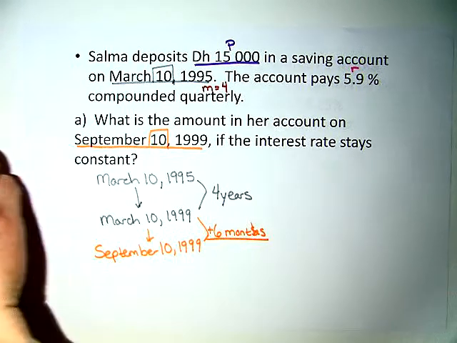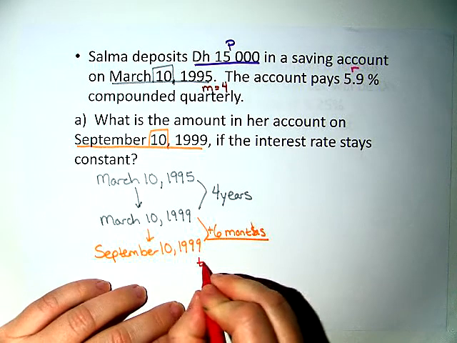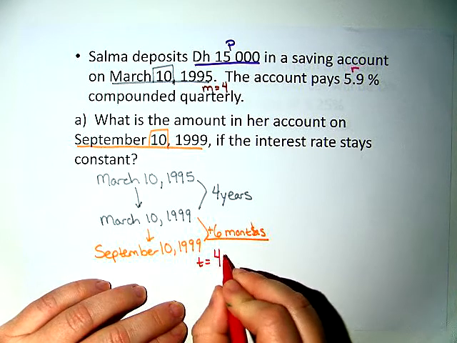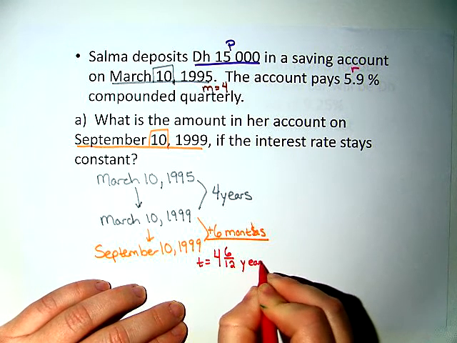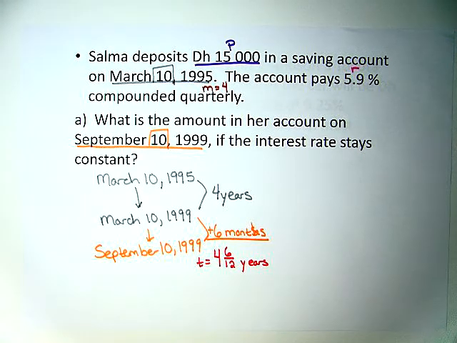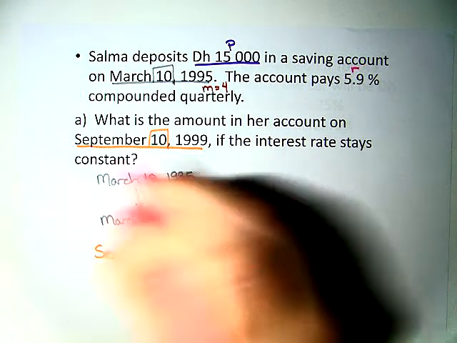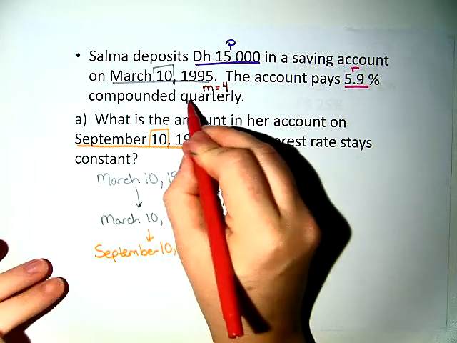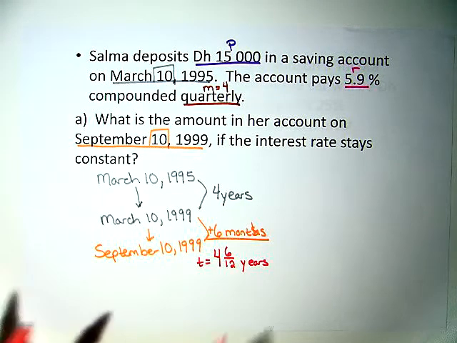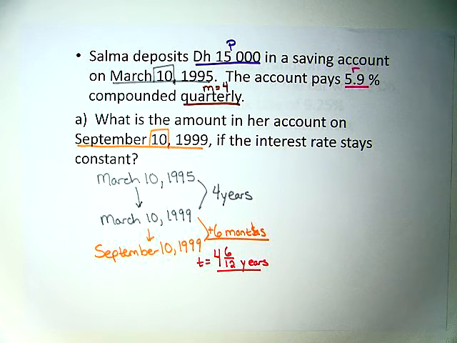We add them together and we find that our time in years is 4 and 6 over 12 years. So we have our principal, we have our rate, we have our M, and we now have our time. So we have enough to go ahead and look at the amount in her account.